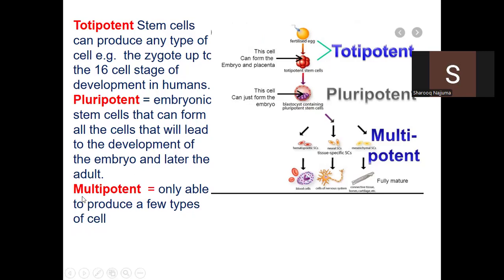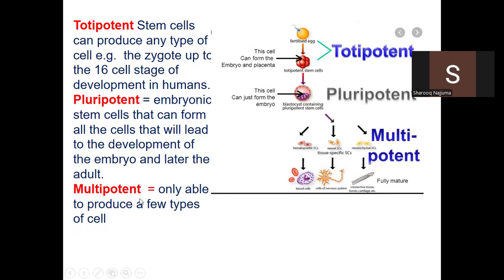So those are pluripotent. Now, once a baby is born, within your body, or even you as an adult, you have some cells that are multipotent. They still have the ability to divide and form different stem cells, but the types they can make are really very few. Like an example of multipotent are the cells in your bone marrow. The cells in your bone marrow are able to divide to form blood cells, but they only form blood cells.